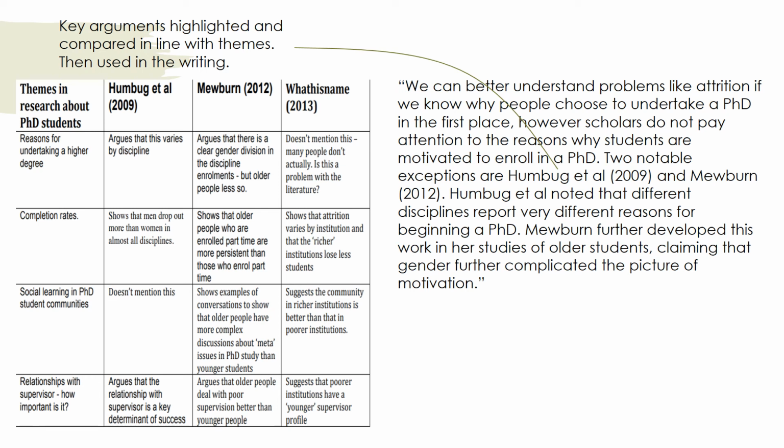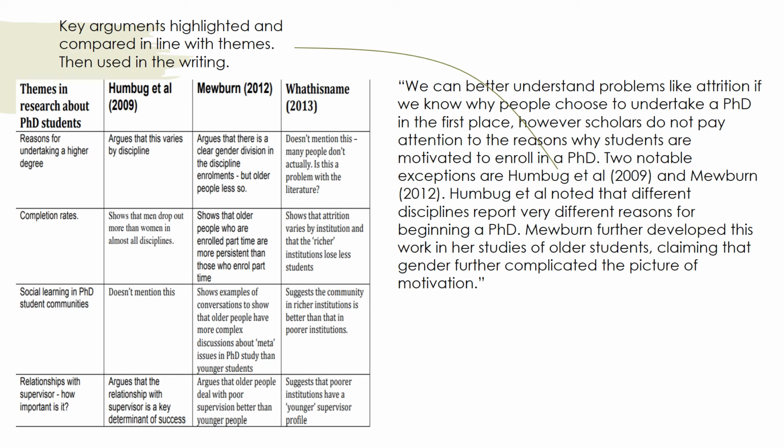And in a reading grid, what we do is we look at the sources that we have read. If we look here, we've got themes in research about PhD students. So this particular person is writing about PhD students and what people say about them in journal papers. And the areas that they are researching are listed here.